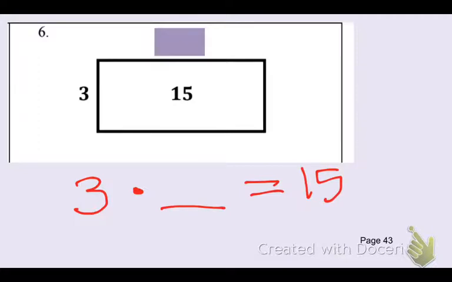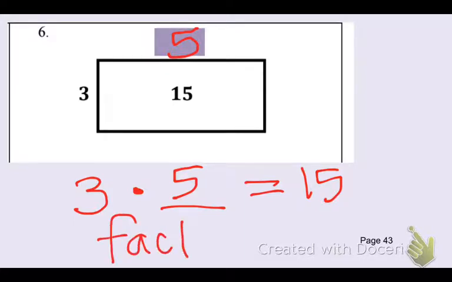Well, because I know my math facts, I know that 3 multiplied by 5 gives us 15. So for example, we would put 5 right here in the box. We can say that 3 and 5 are both factors of 15. All right, let's go on to the next one.